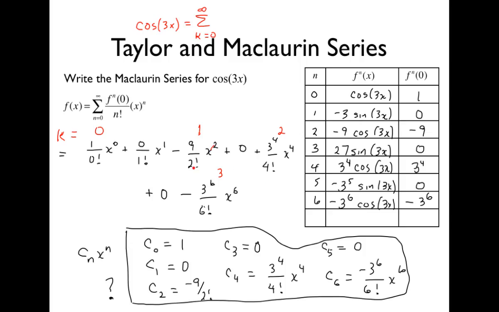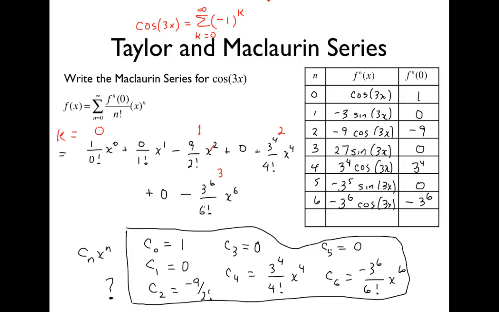So it's kind of helpful to look. The first thing we notice is what happens with these terms. Positive, negative, positive, negative. How do we do that? Negative 1 to the k. And let's make sure it gives us the right ones. When k equals 0, we get positive, and k equals 1, we get negative. That's right, okay? So now let's just look at these terms. When k equals 3, we need 3 to the 6th over 6 factorial x to the 6th.